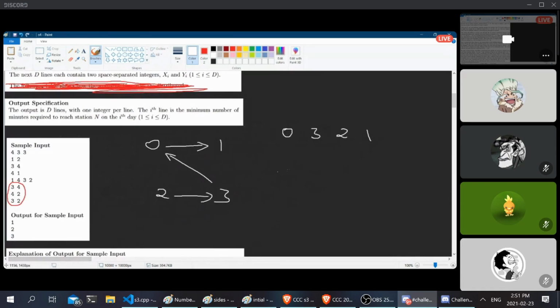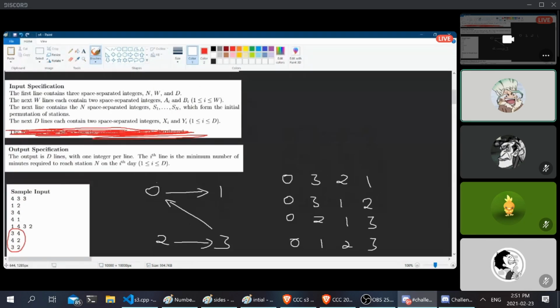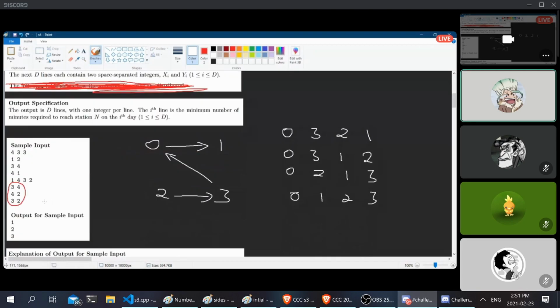So let's write those all out. We end up with 0, 3, 1, 2 as our next route. Then we end up with 0, 2, 1, 3. Then we end up with 0, 1, 2, 3. And remember that we print d lines, so we actually don't work with this first initial permutation. So we have 3 outputs, which I'll show are these.